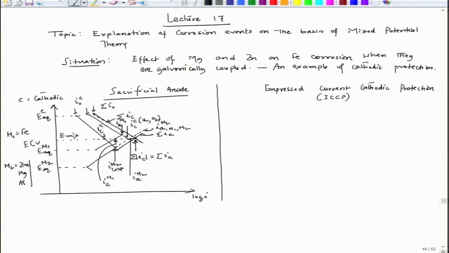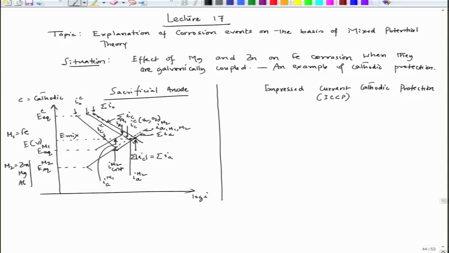So, this is the mode of sacrificial anode where M2 is dissolving and M1 is protected. Rather, I would say that M1 is corroding less as compared to the situation where it is not connected to M2.